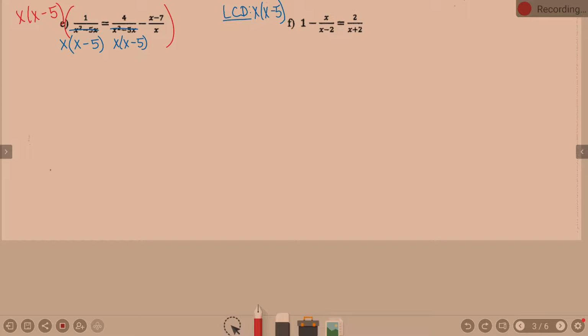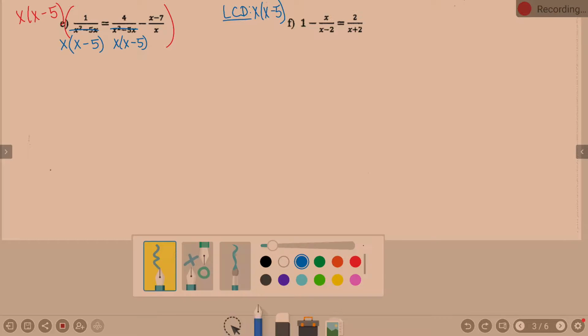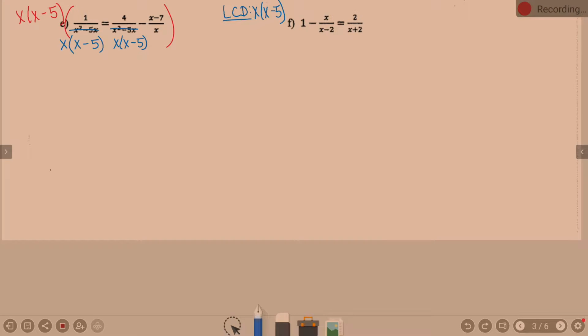Okay, did you guys start spreading this out? I'm going to leave some space in front of the first fraction. First fraction is 1 over x, x minus 5. Equals, I'm going to leave some space. My next fraction is 4 over x, x minus 5. Minus, that minus will be important, guys. Part of the reason I picked this one.